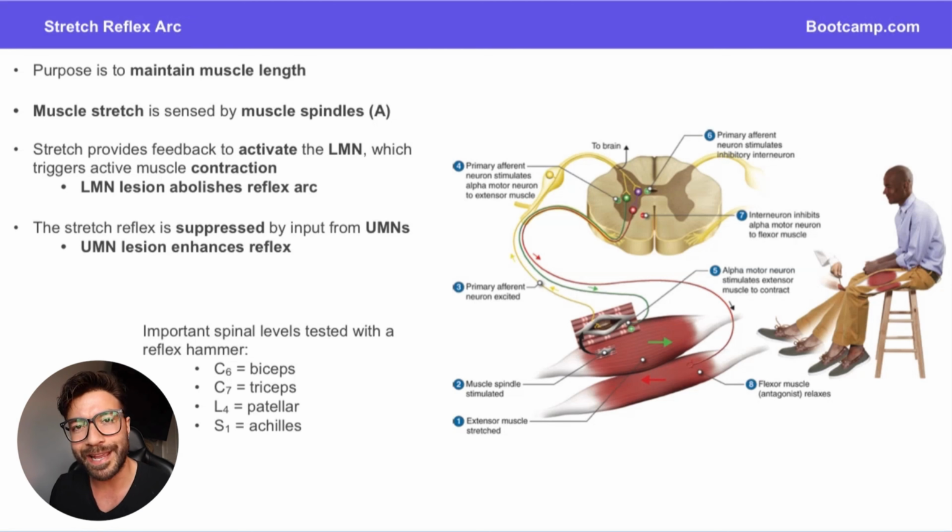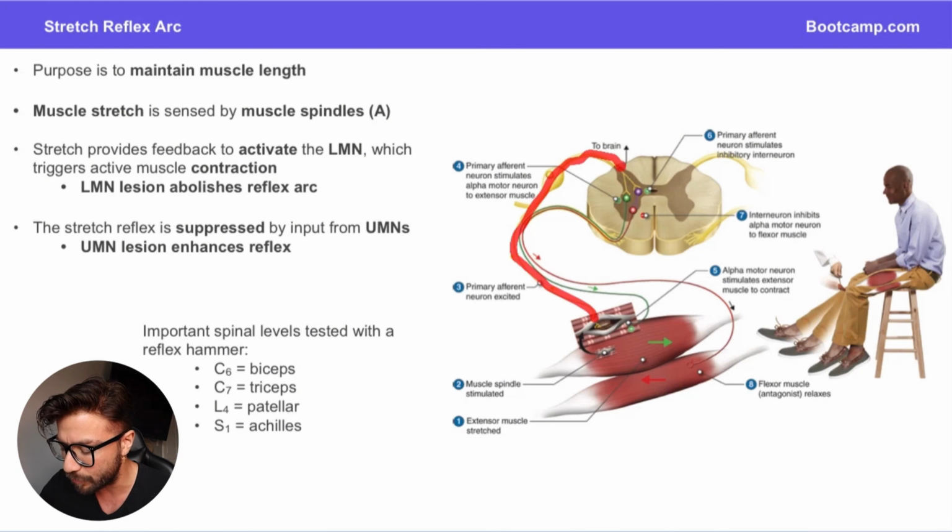So when we use a reflex hammer on the patella, in this instance, we hit our patellar ligament. This is going to cause our extensor muscle to stretch. And when this does so, the muscle spindle found deep within the muscle is going to send an afferent sensory signal back to the spinal cord.